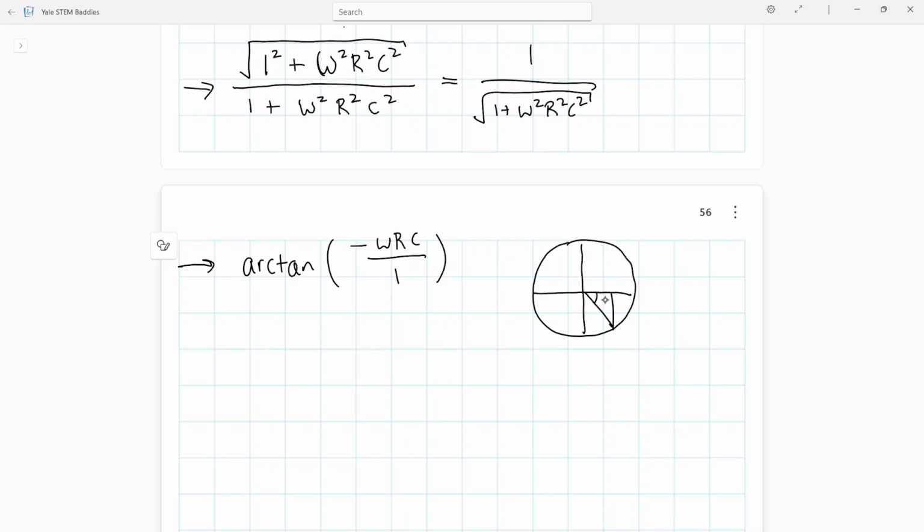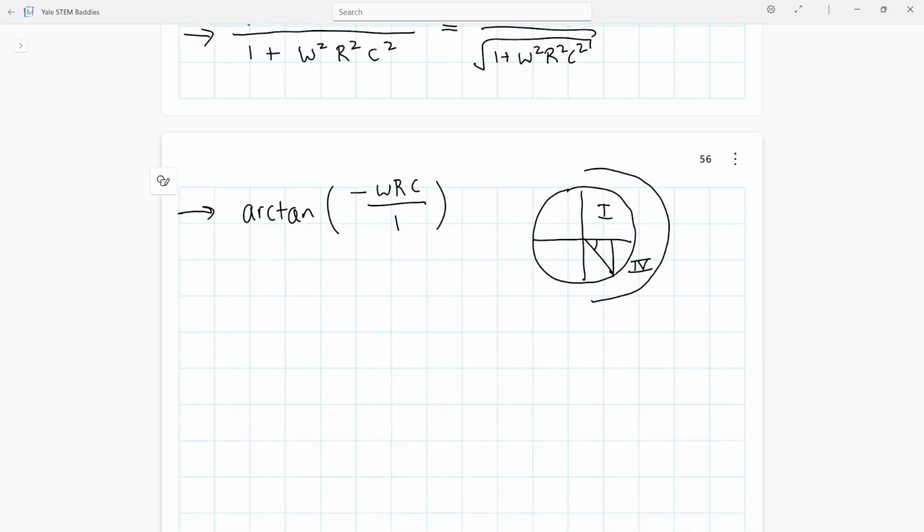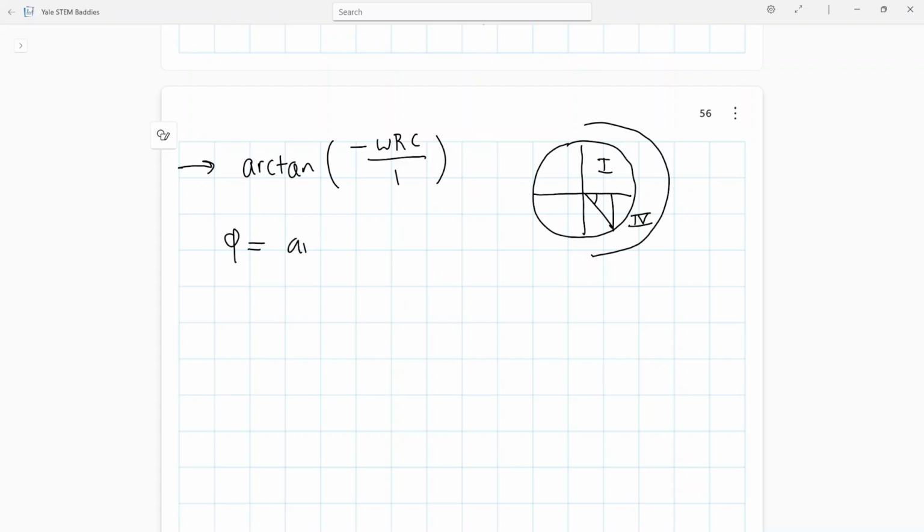Quadrants 1 and 4 are where arctangent is not restricted, so we don't have to worry about any correction. Our phase is equal to arctangent of negative omega rc, and since arctangent is an odd function, we can pull the negative sign out front.